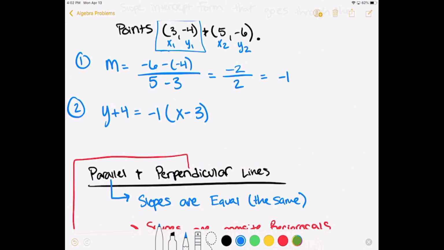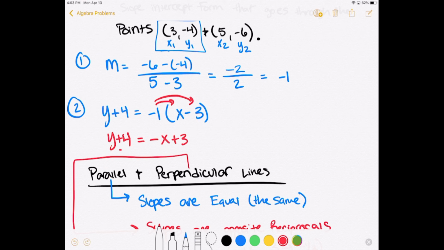Step 2 is done. Okay, so I found my slope, plugged all my numbers into point slope form, and then I have 2 steps again. I'm going to distribute my slope, so I get negative 1x, and then negative 1 times a negative 3 is a positive 3. And then the last step is to move this 4 over. Got to move him to the other side.